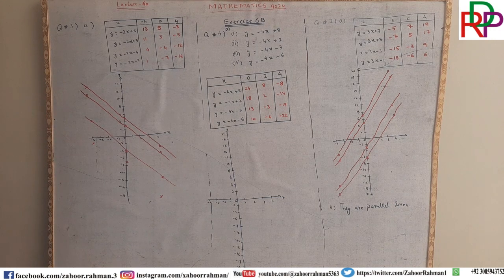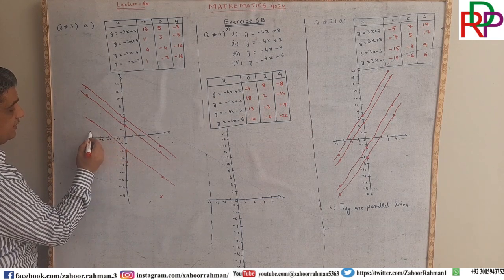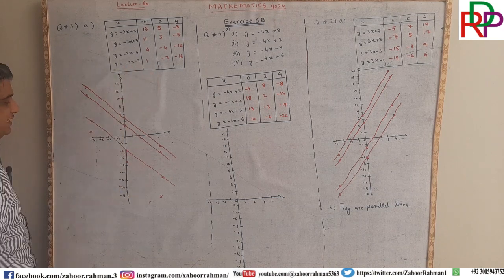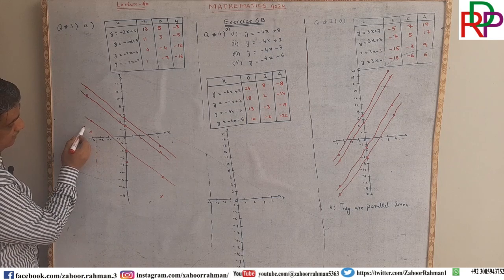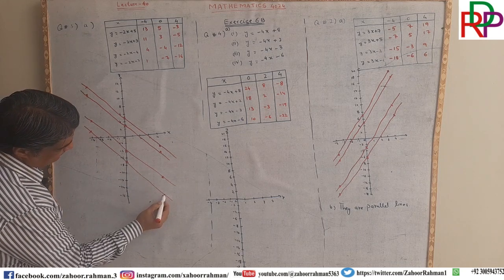Ladies and gentlemen, for minus 4 it will be 1, so 1 will be here. It is 1, not minus 1. Now we have to connect these lines. It will be somewhere here.